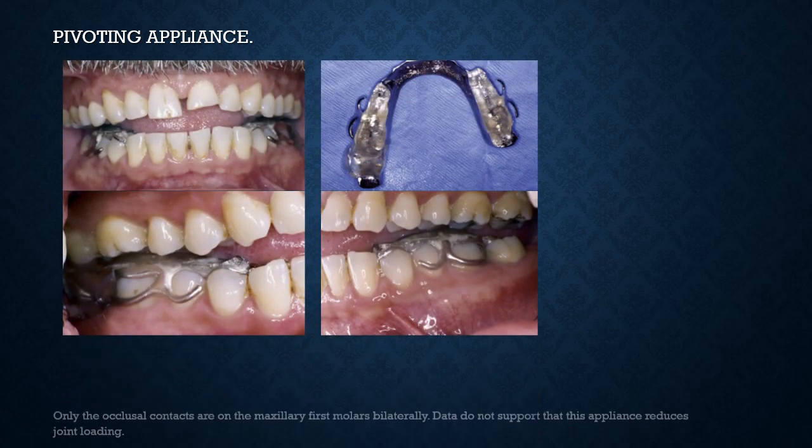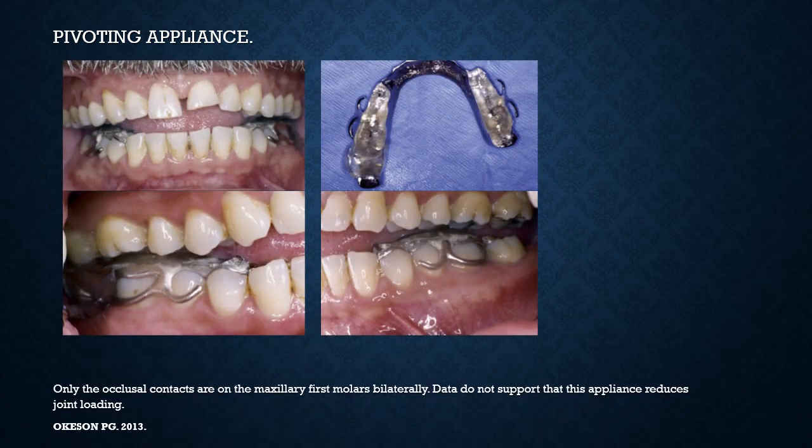Another type of appliance is called the pivoting appliance. It has a framework of cobalt chromium and flat occlusal surfaces bilaterally to contact the first molar only.